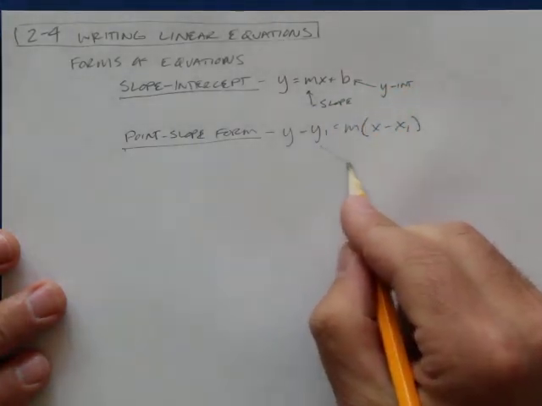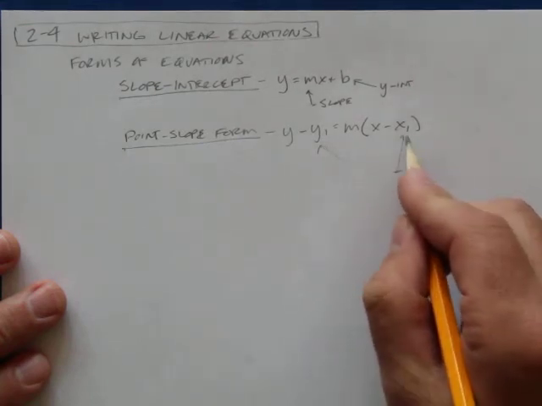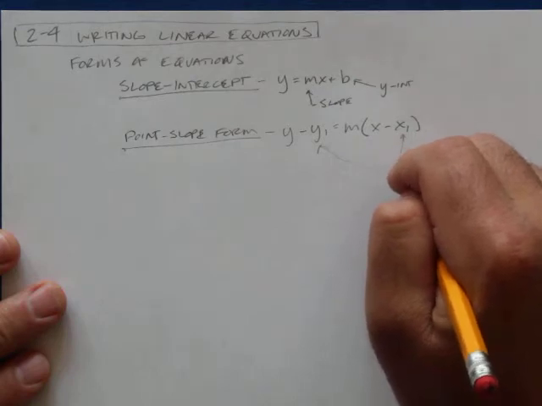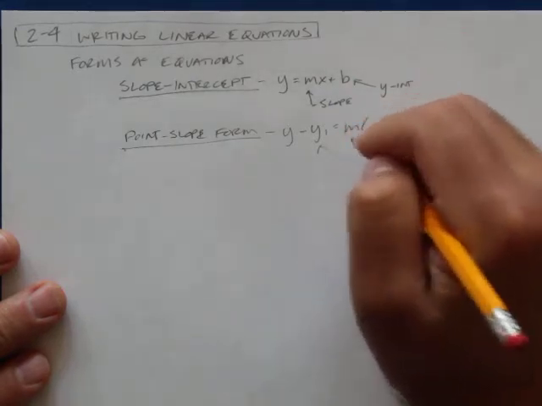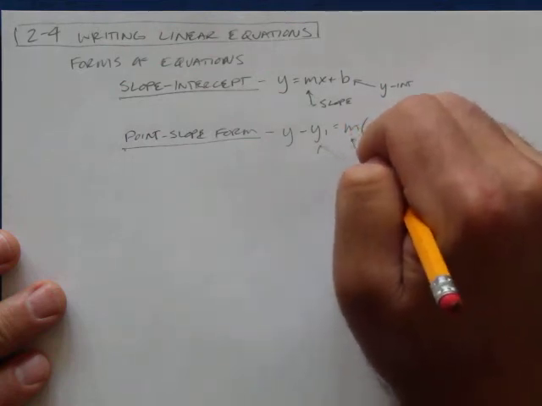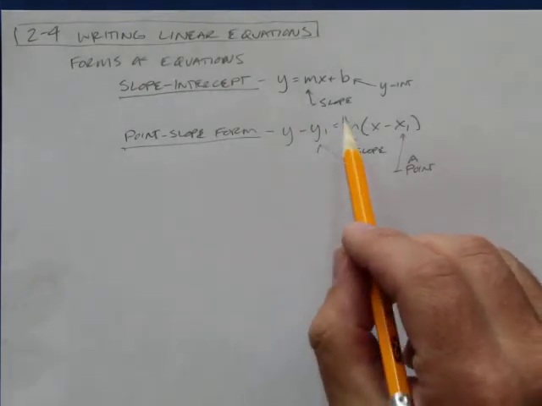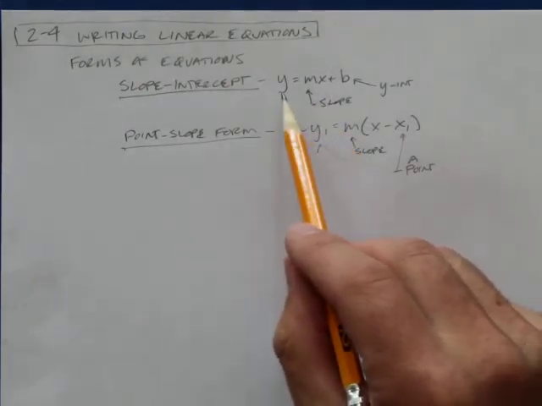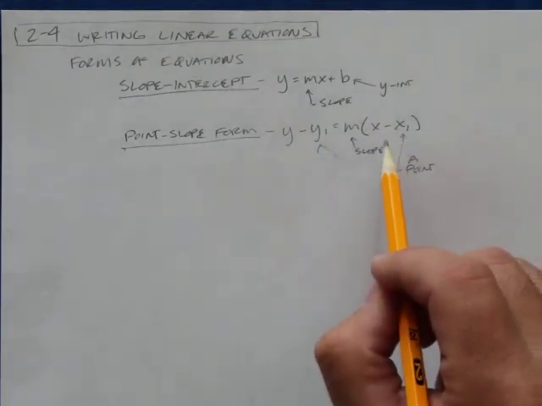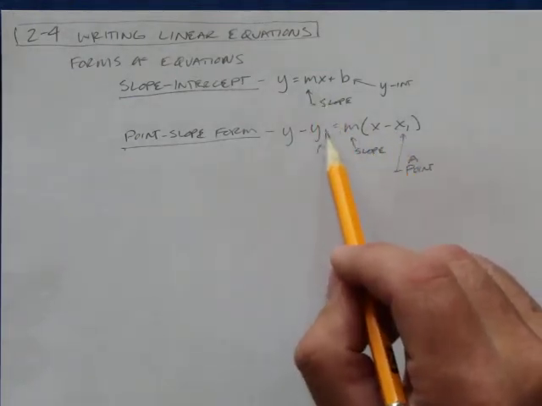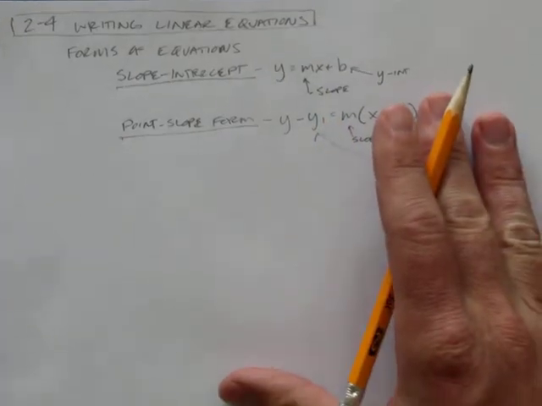So this y1 and this x1 are the components of a point, and then m is the slope. Now we can use slope-intercept for pretty much anything that you can use point-slope form for. But I'm going to show you both, and you can decide which one you want to use in what case.